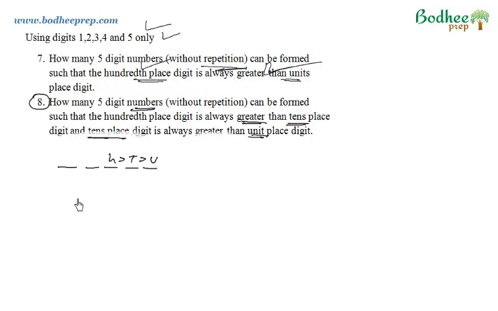So what I can do here is, if there are 5 places, for these 3 places I select any 3 out of these 5 digits. I repeat this: for these 3 places, I have to take 3 digits out of the 5 digits available. So how many ways can this be done?